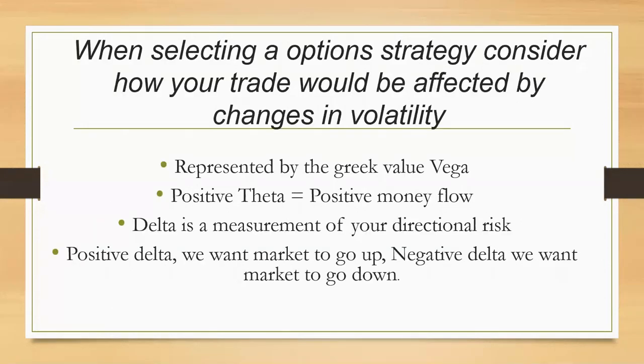Okay. When selecting an option strategy, we need to consider how changes in volatility are going to affect our trade. Volatility moves up and it moves down, seemingly random movements. Anytime Trump tweets, volatility goes up.